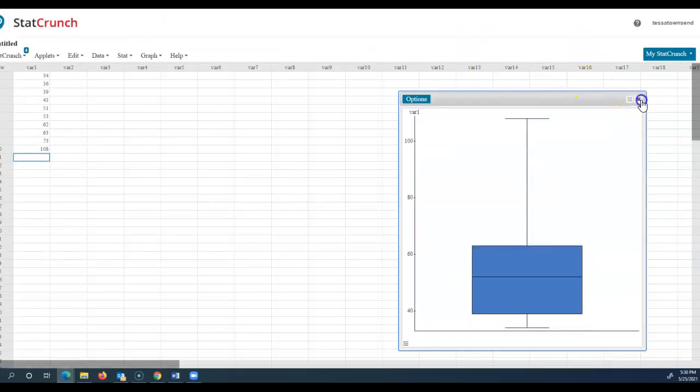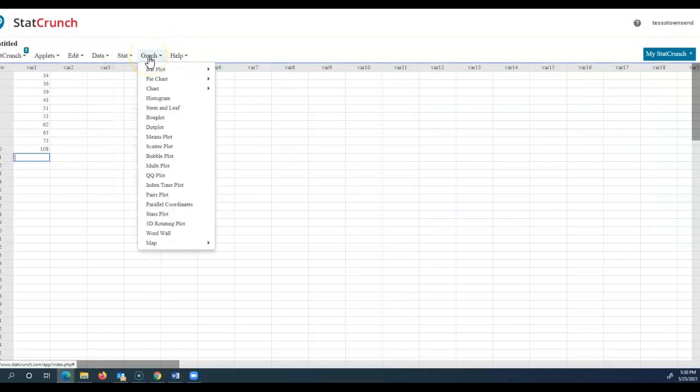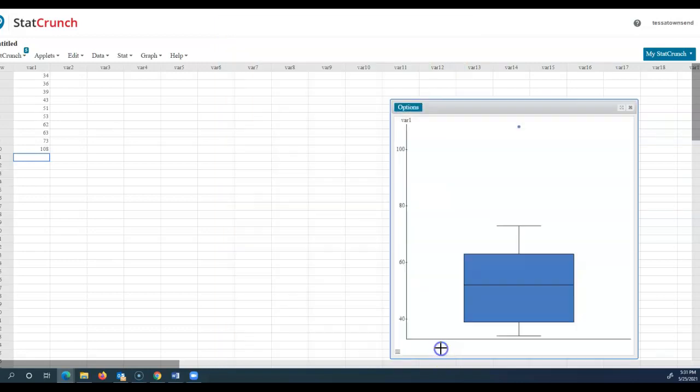So let me show you that. In this example, I believe we will have an outlier. So I'm going to Graph, Box Plot. This is called a modified box plot. Now I'm going to use those fences to identify outliers, and I'm going to compute. So you see how the box plot is a little bit different here? If I hover over, it tells us how many values and how many outliers we have.